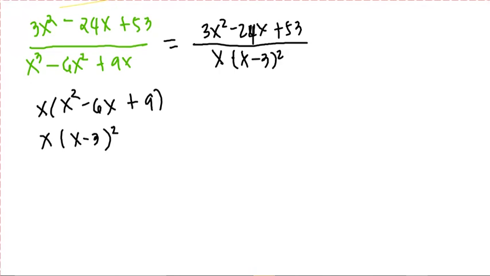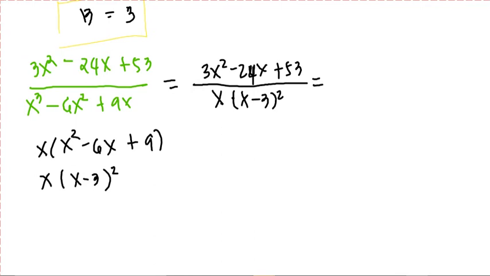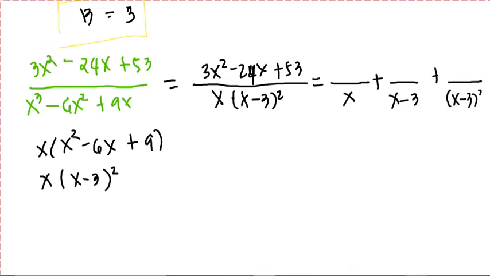Okay, so if we reduce it into its partial fraction, this will be equal to, okay, copy our denominators. So first, we have x plus, next, we have x minus 3 plus, and then we have the repeated form, x minus 3 squared.